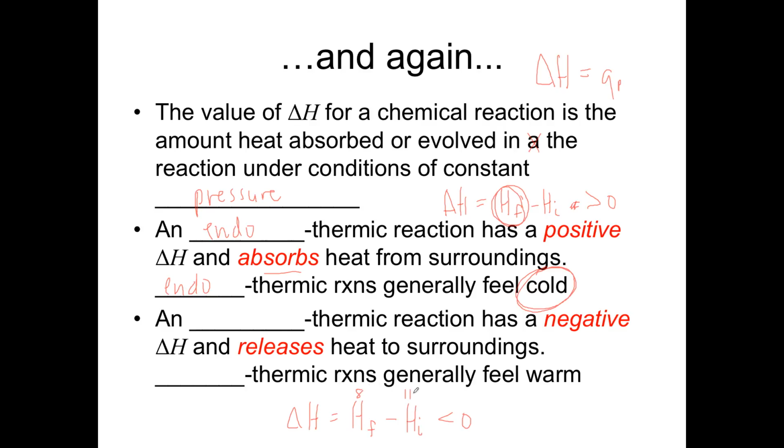Started out with 11, that's initial, goes to 8. I'm making up numbers to give myself something negative. So it's minus 3 in this case, and that is an exothermic reaction, because it's letting off heat to the surroundings.